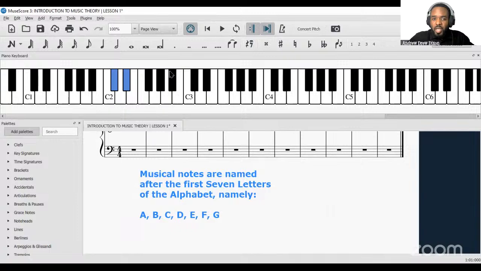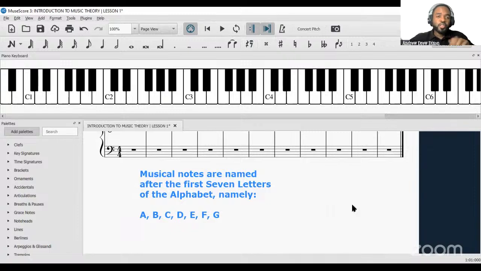Notice there are two black keys here, and then there are three. So they are grouped. Twos, threes, twos, threes. Doesn't matter how long the piano is, that's the general idea. Black keys are in groups of twos and threes, until they decide to just stop.